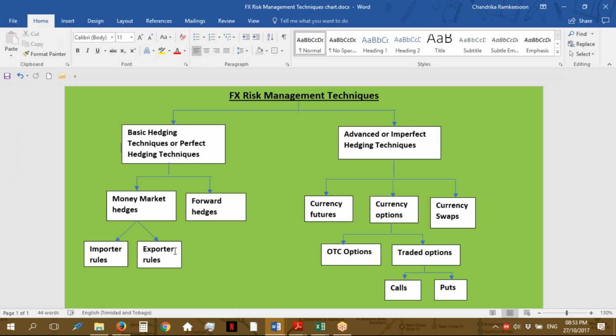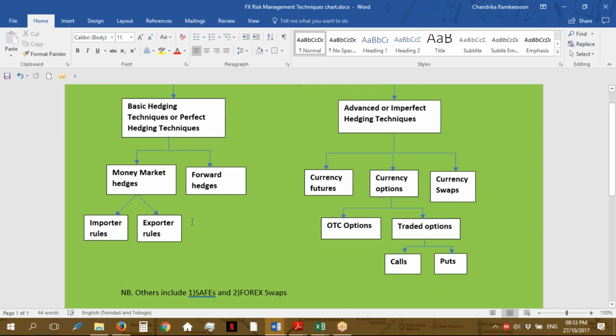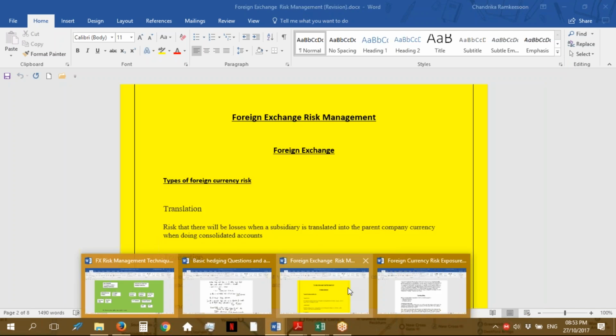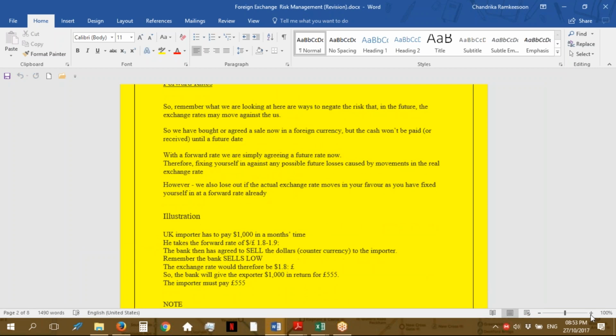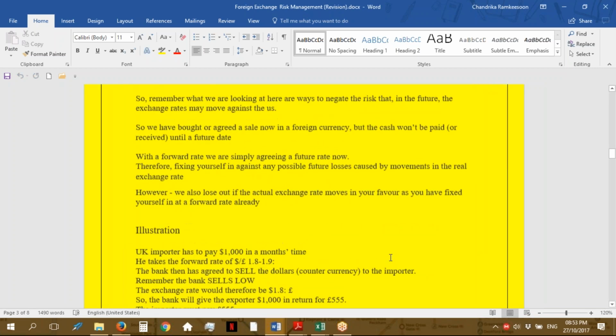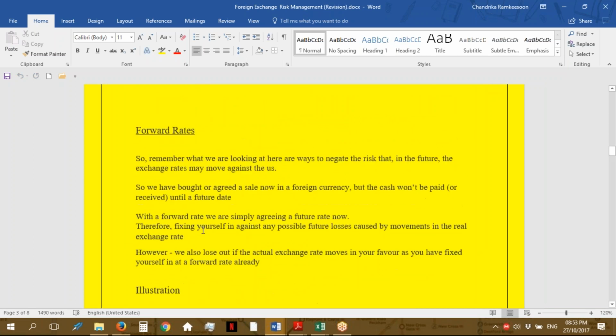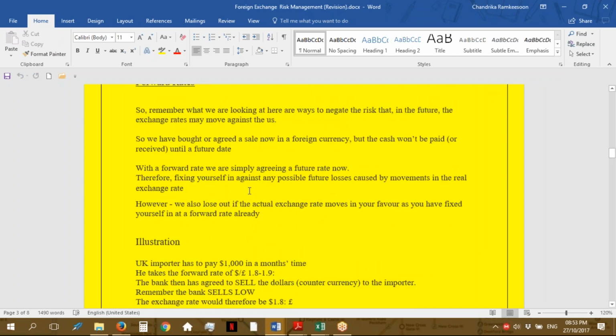So having mentioned that, let's quickly run through this. Now, we actually looked at a forward hedge before in a way, when we looked at the hedging techniques at the forward rates. But of course, what we're doing now is actually using them to hedge. So along comes this article, useful.